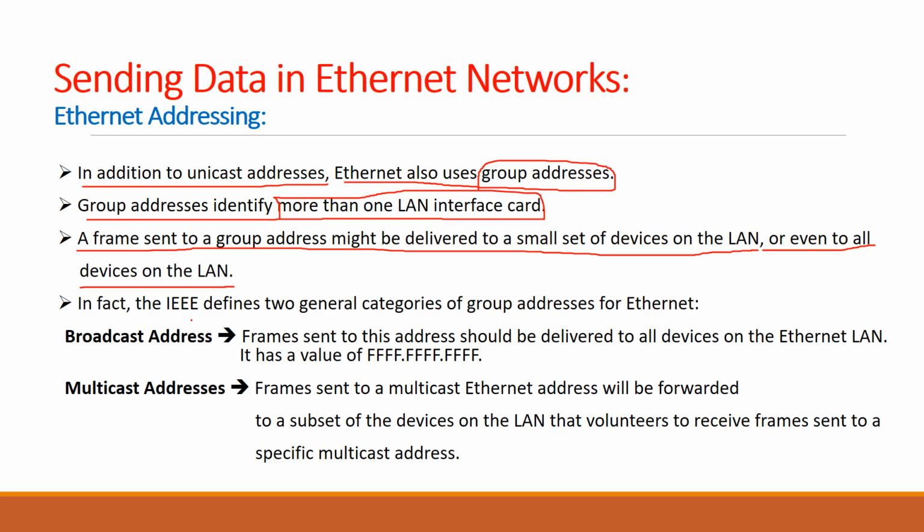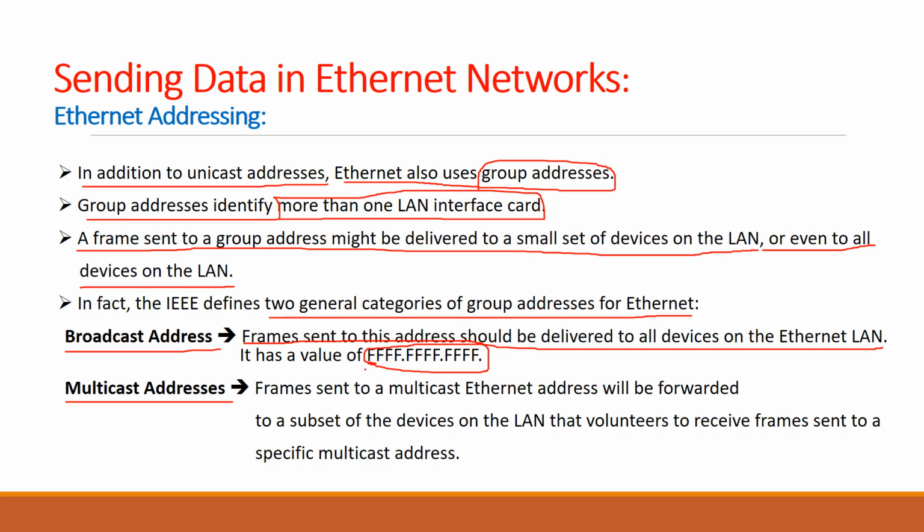So the IEEE defines 2 general categories of group addresses for Ethernet: broadcast address and multicast addresses. For broadcast, the MAC address value will be all F hexadecimal digits. The 12 hexadecimal digits are F, and this represents a broadcast address. Frames sent to this address should be delivered to all devices on the Ethernet LAN.